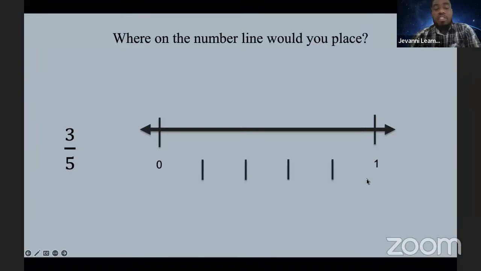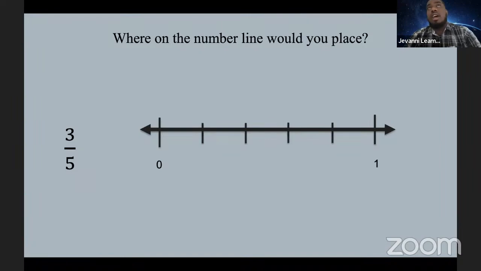But before I actually start doing that, could you tell me anything else as to why I would have so many lines or strokes or segments, if you want to call them that, on this number line?